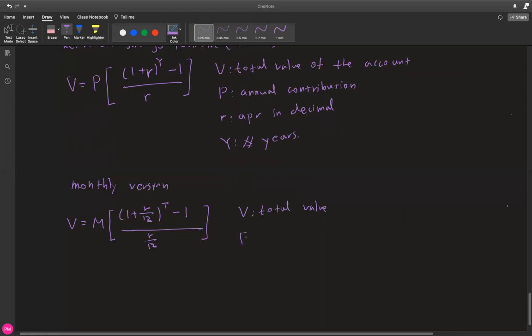And obviously P is the principal, M is the monthly contribution, and you have R as APR in decimal.